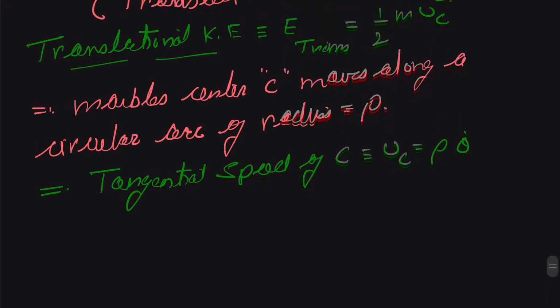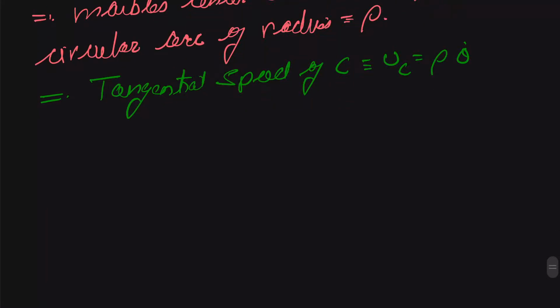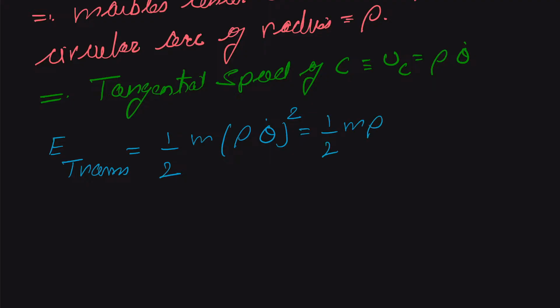We substitute it in this equation, and we get our translational energy equal to half m rho theta dot whole square, so this comes as half m rho square theta dot square.